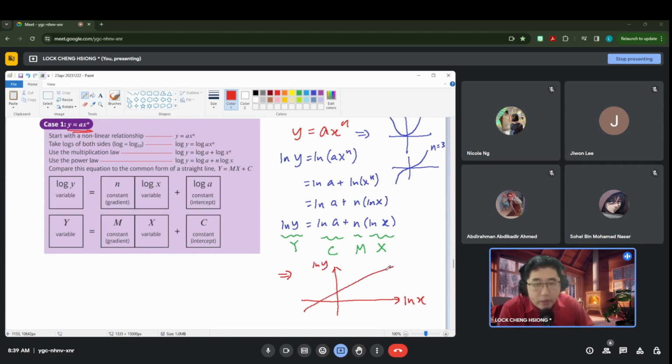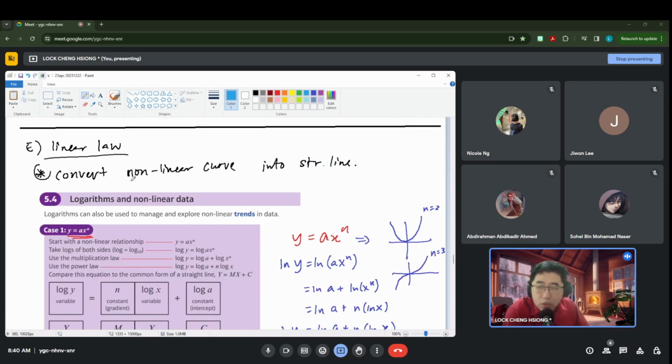From the straight line that I draw, the y-intercept is ln a, and the gradient will give me the value n. So this is converting the non-straight line into straight line. Let's see for others.